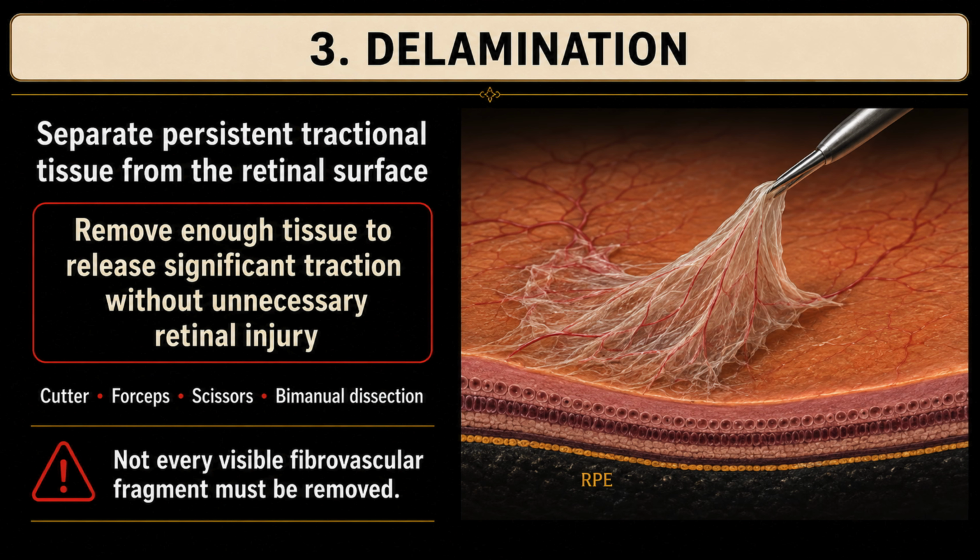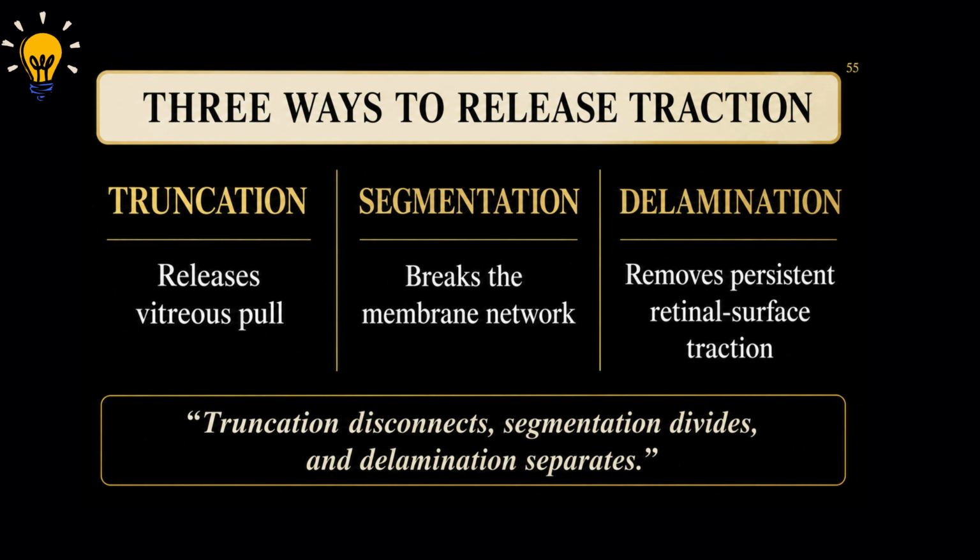Remove enough tissue to release clinically significant traction without causing unnecessary injury to the retina. It is not necessary to remove every visible fibrovascular segment. A small island of tissue that is no longer pulling on the retina may sometimes be left in place, particularly when it is tightly adherent to a major retinal vessel, and removal would create a greater risk of bleeding or retinal break formation.